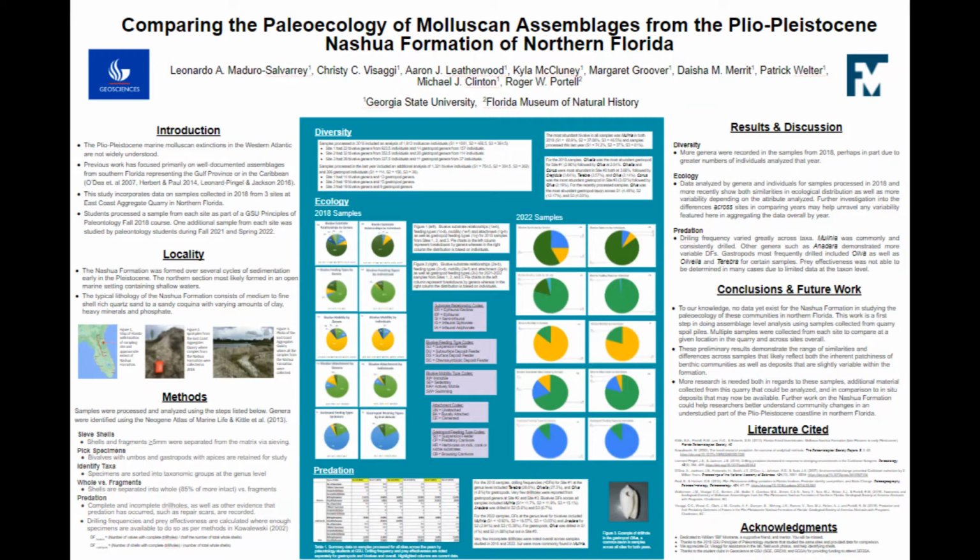More genera and a greater number of individuals were recorded in the 2018 samples than in the 2022 samples.